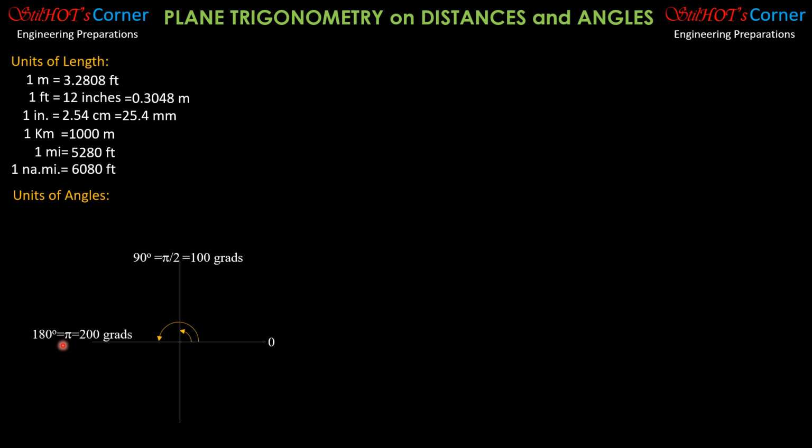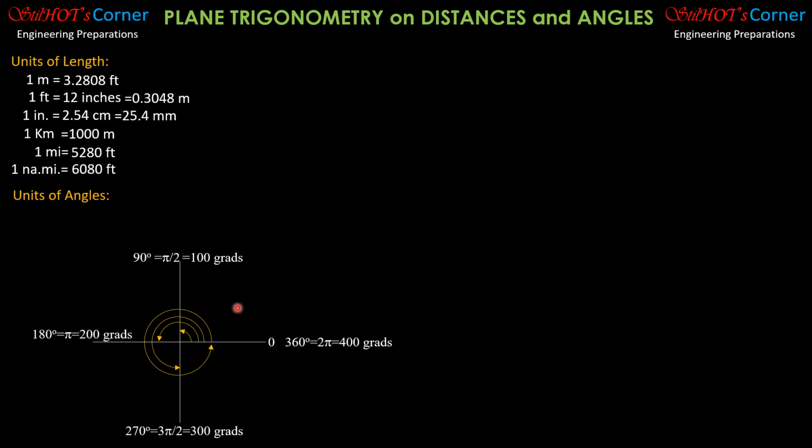So this is 180 degrees equals pi radians, 200 grads. Then here we have 270 degrees, 3 halves pi radians and 300 grads. Then one full angle, or perigon, is 360 degrees, 2 pi radians, 400 grads. So take note of that.